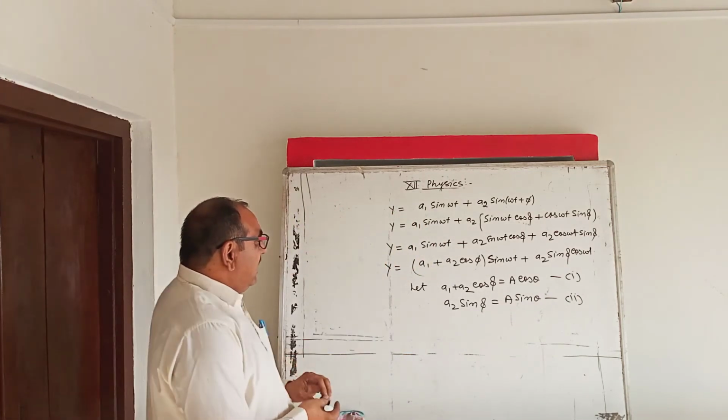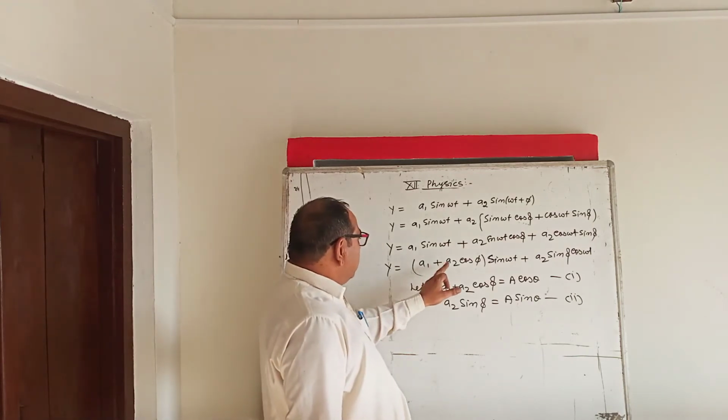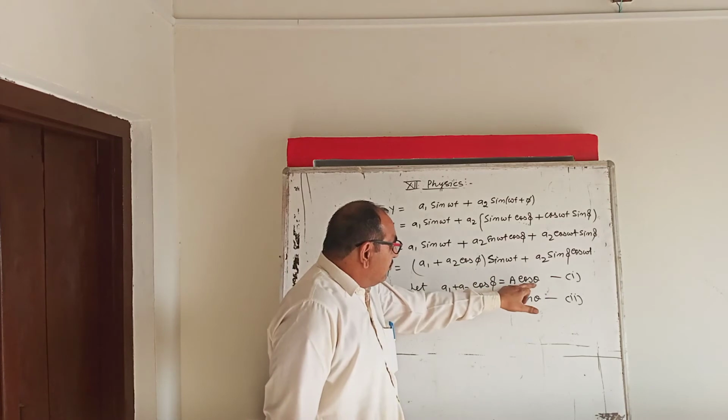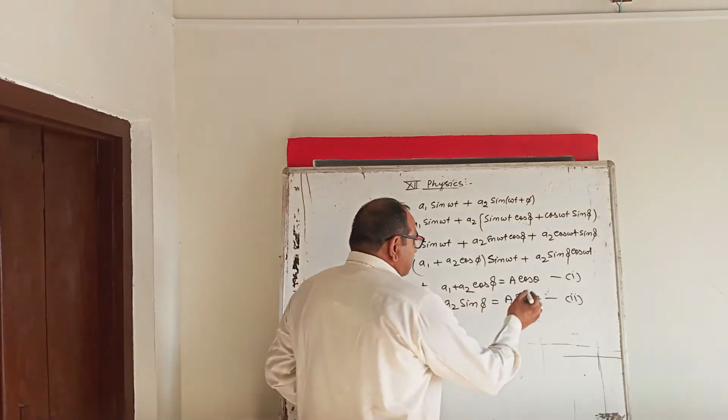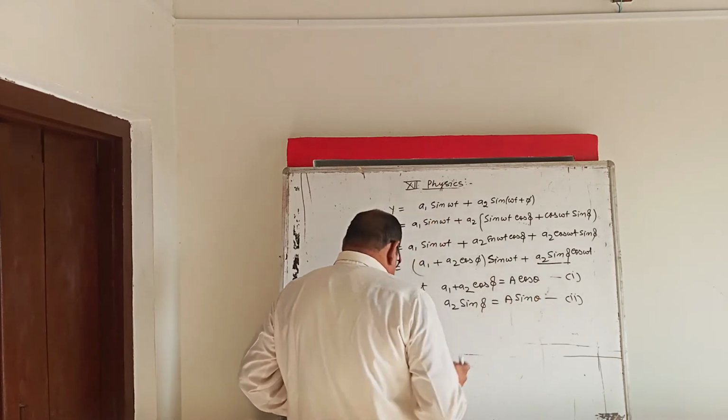I put A cos theta in place of a1 plus a2 cos phi, and A sine theta in place of a2 sine phi.